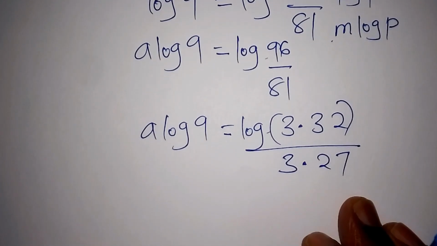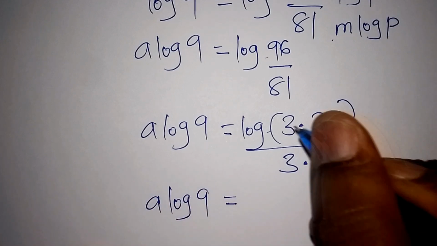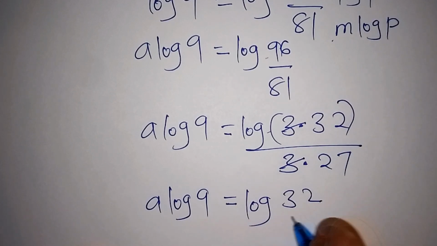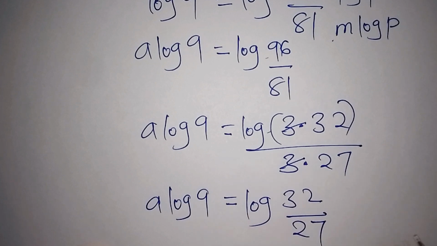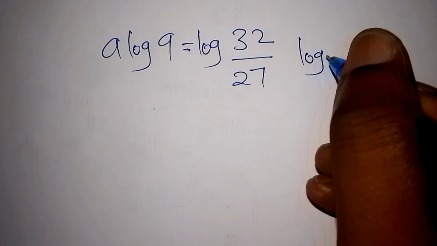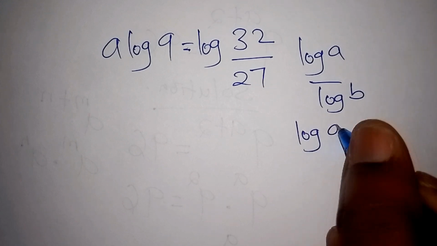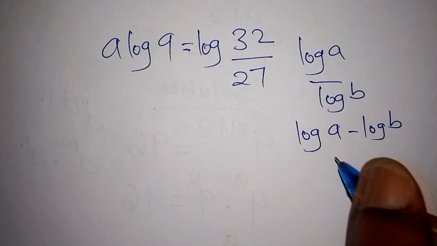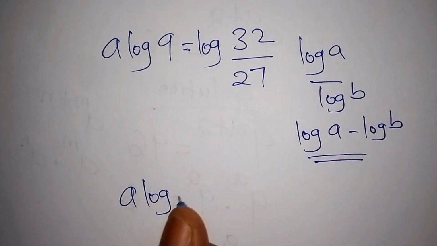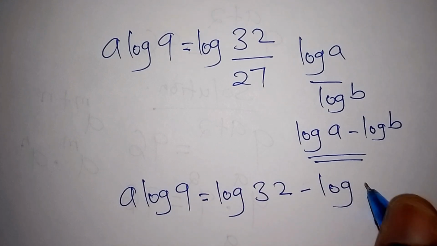Now a log 9 is equal to, when we cancel this, 3 by 3 shall cancel, so we shall have the log of 32 over 27. Assuming that we have the log of a over b, this can also be written as the log of a minus the log of b. So now a log 9 is equal to the log of 32 minus the log of 27.